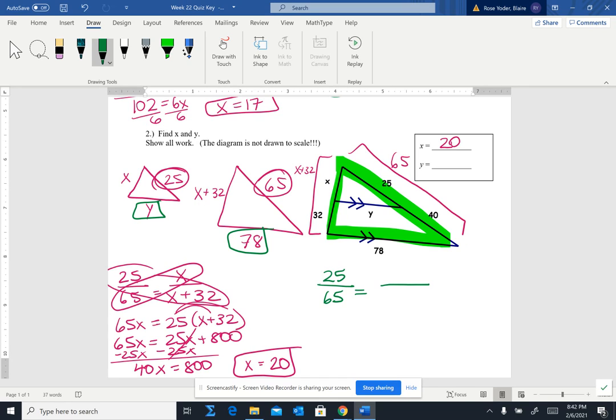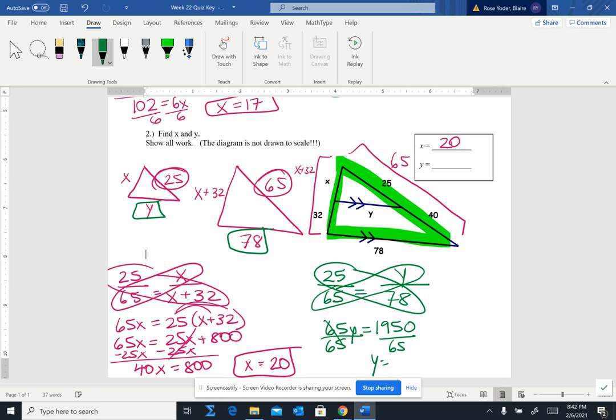So I'm going to have to go little triangle, which is y, over big triangle, 78. So be very careful with the order. Let's see what 25 times 78 is. 1,950. And then I can just divide that by 65, and that will give me y.